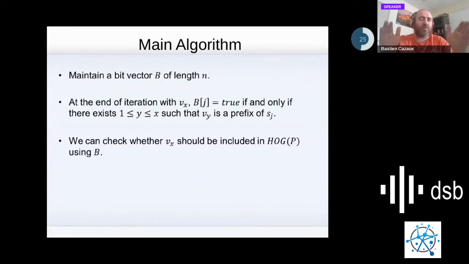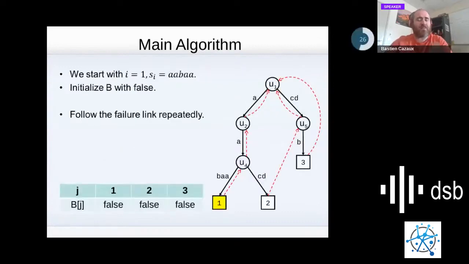To store this information, we use a bit vector B of length n, where n corresponds to the number of leaves. So we have one position per leaf, and B is true if, when we see this node, this element has already been seen before. Okay, so I explain with an example, maybe it's easier. And we do that for each leaf.